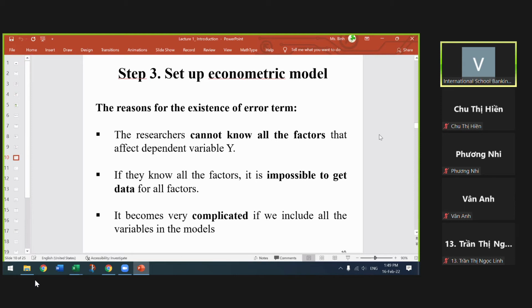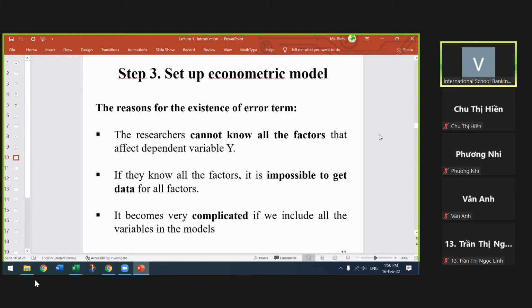we want to analyze the determinants of FDI attraction to provinces in Vietnam, right? For example, some provinces can attract a lot of foreign investors, and some provinces cannot. There are so many reasons, and one of the reasons could be the position or the historical factors of that province.